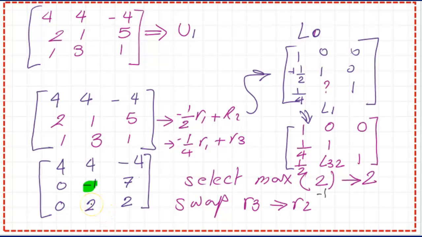We find that the maximum absolute value of 2 and minus 1 is 2. Then we decide to swap the third row with the second row and vice versa. Then we will move to the next slide.